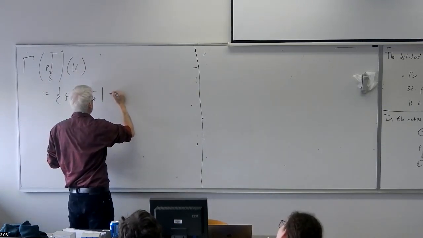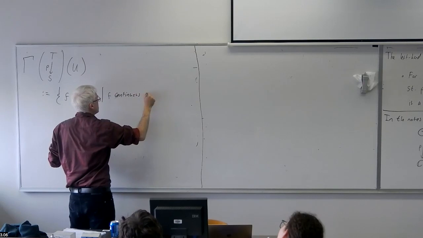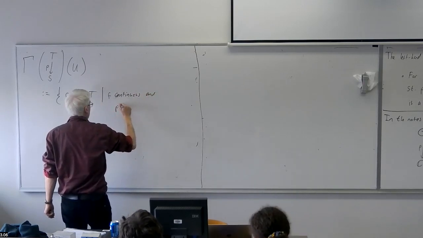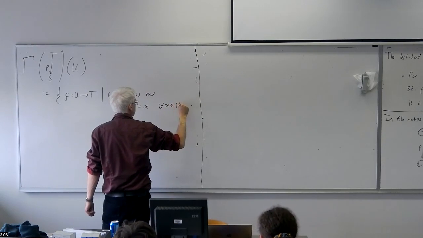So we're going to require that F is continuous, and that we go around the loop, so P of F of x equals x for all x in U.